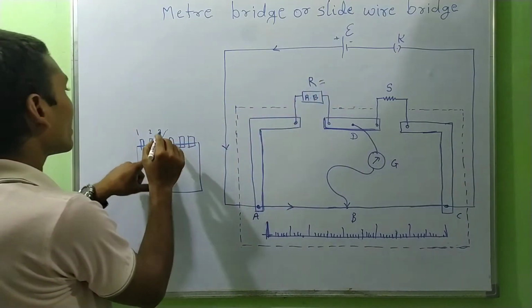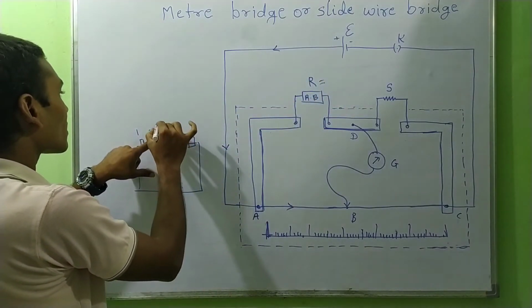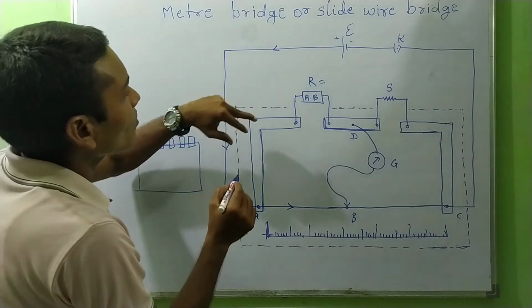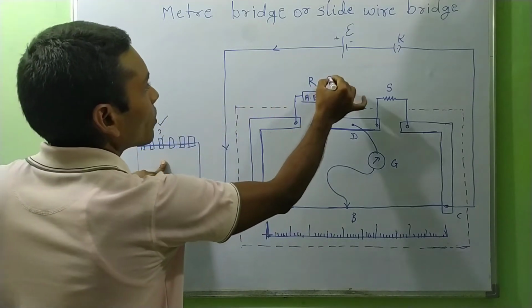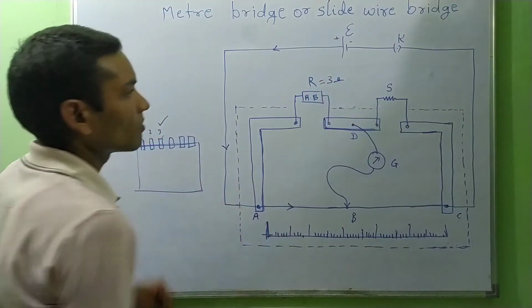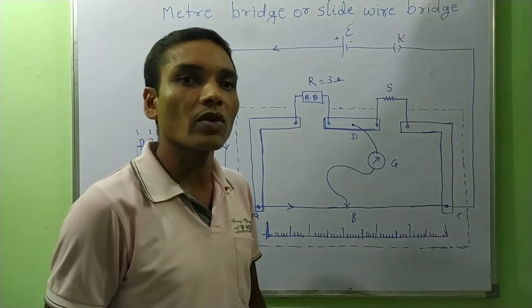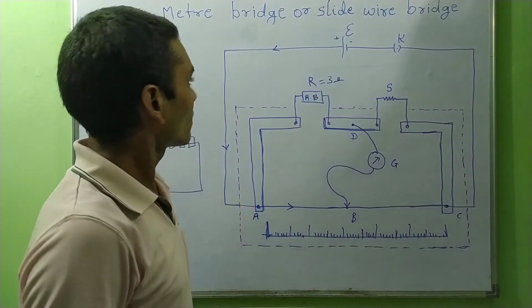If the 3 ohm key is taken out, the value of R will be 3 ohm. We will discuss the resistance box in another lecture.